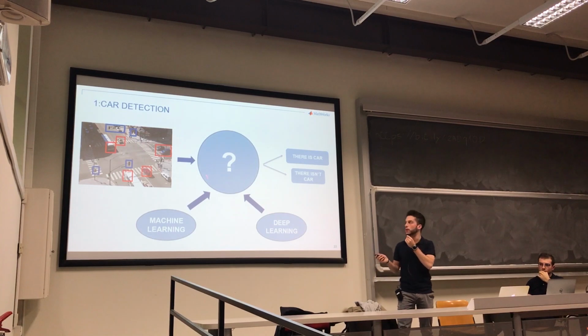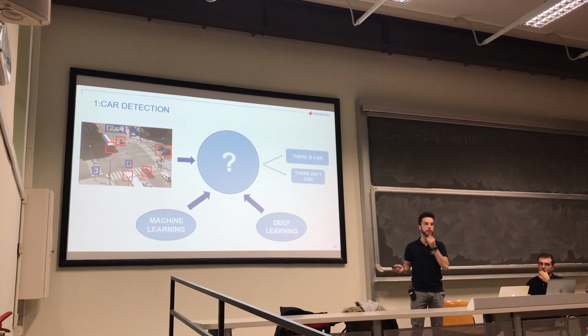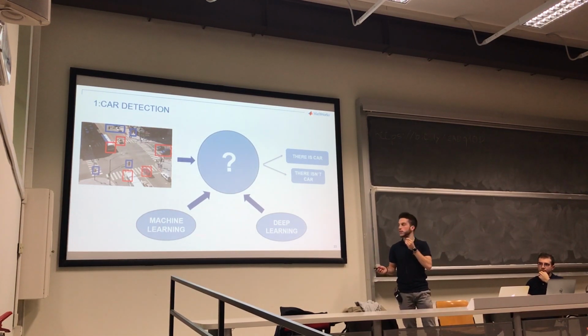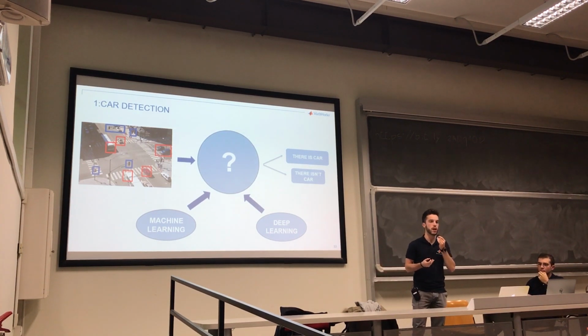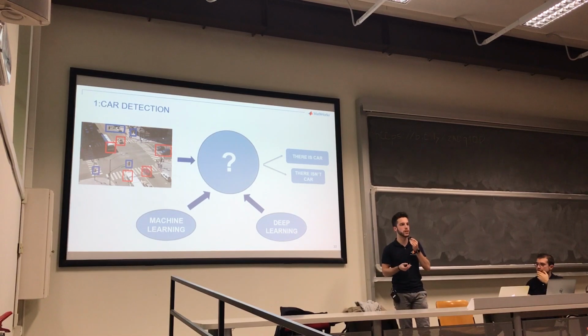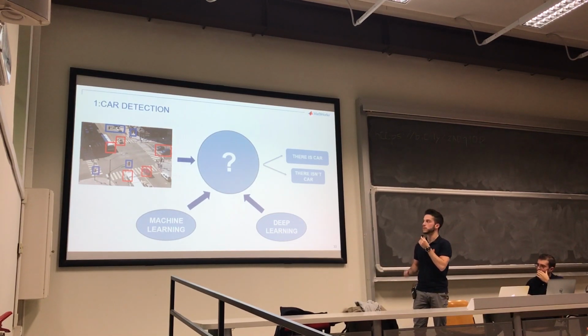This unknown point will be either a machine learning algorithm or a deep learning algorithm. Now we will see the two different approaches, and we will analyze the differences between them.